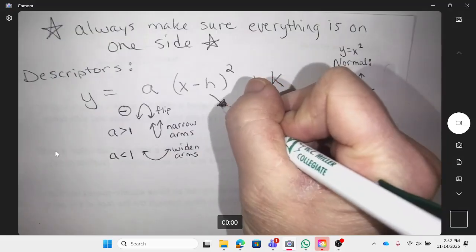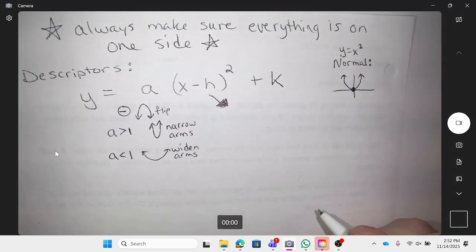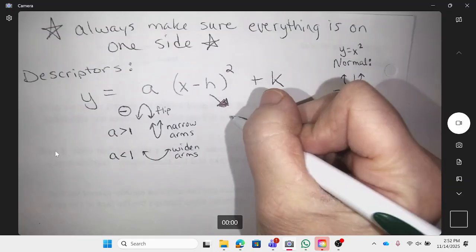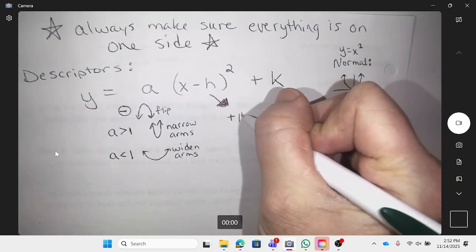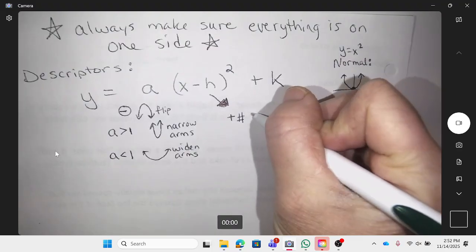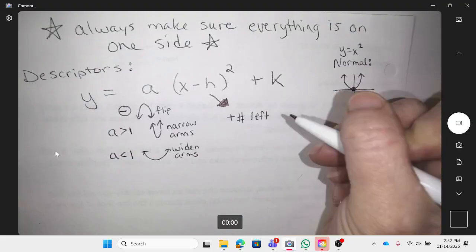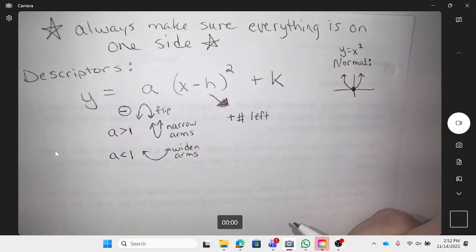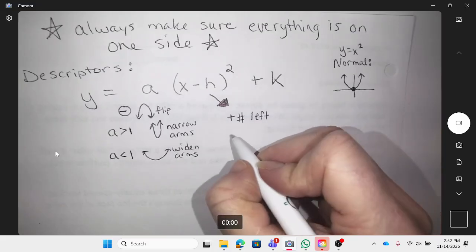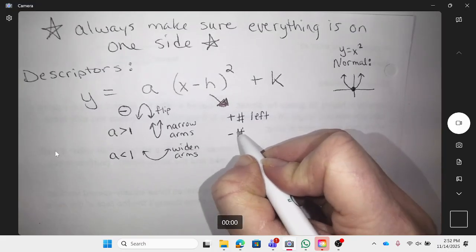Okay, so we could also put a number in the brackets. So if we do add a number, it's actually going to move it left. That's the opposite, right? Remember that one? We went opposite of what we were supposed to do? Or we could see.